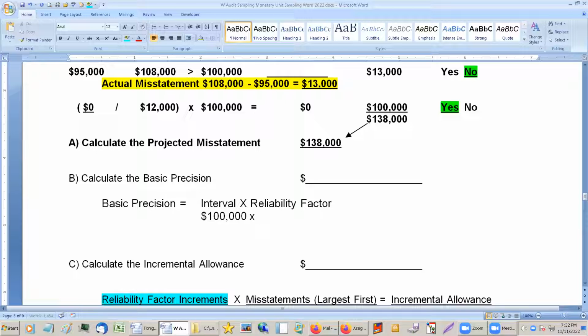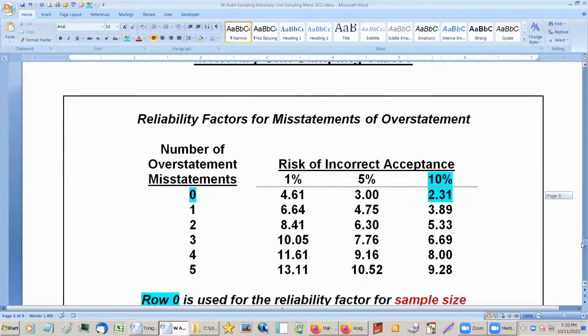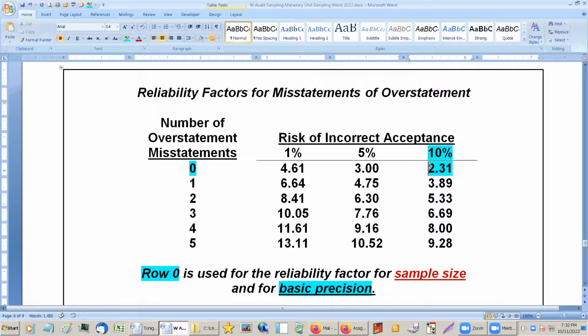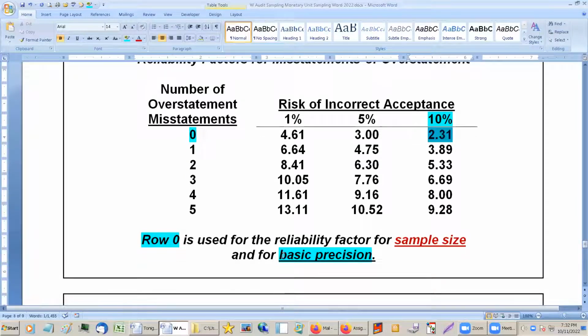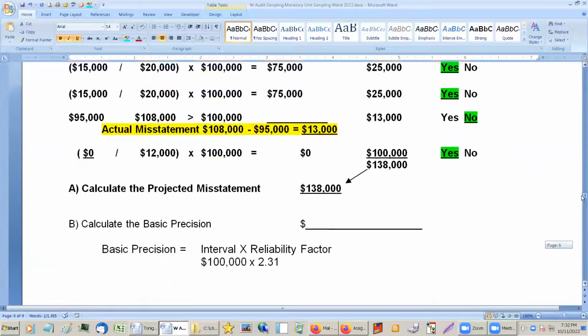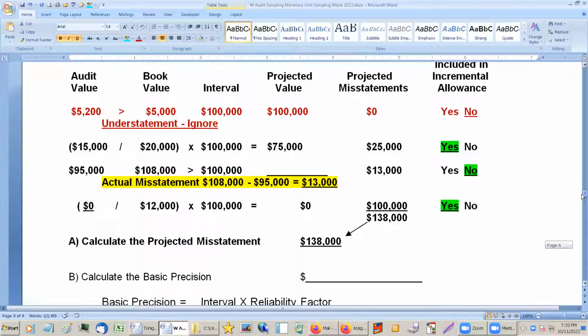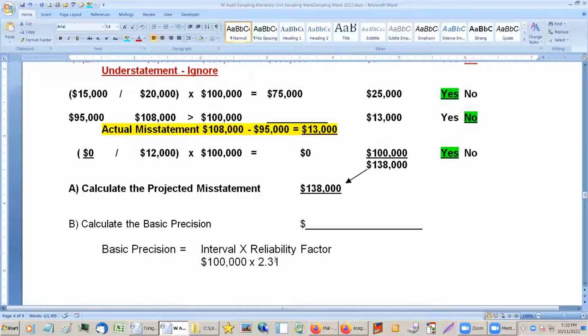Times the reliability factor, which I think was 2.31. Again, that's 10%. Basic precision, 2.31. $231,000. Yes.